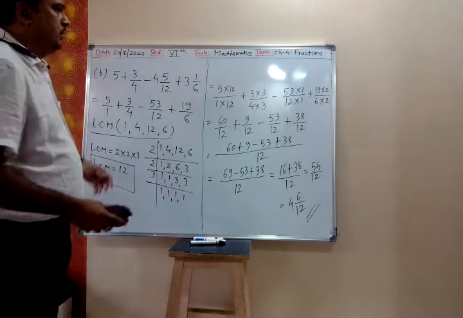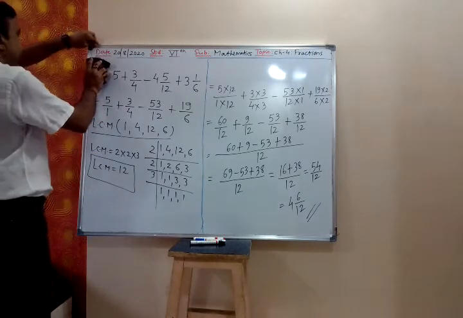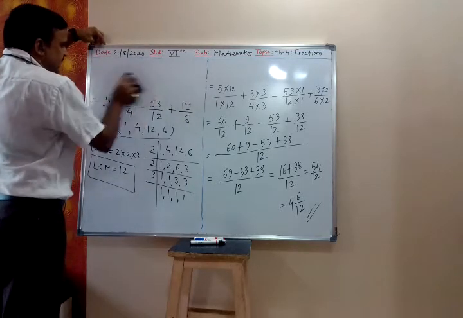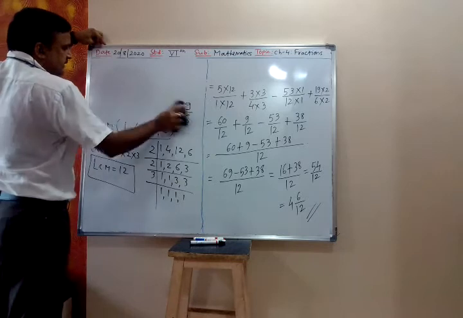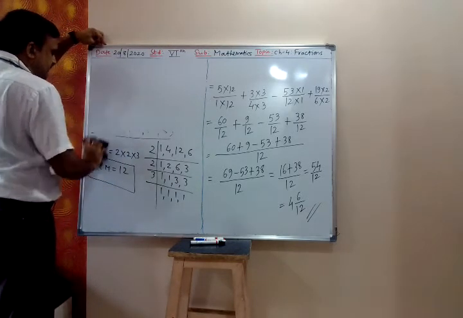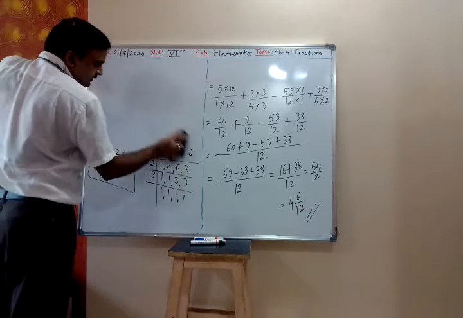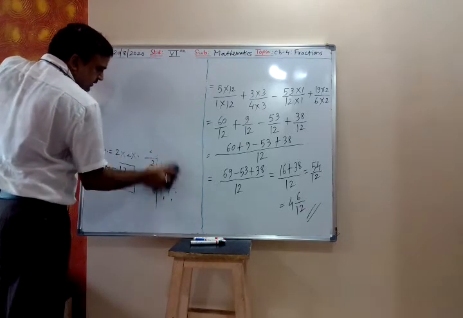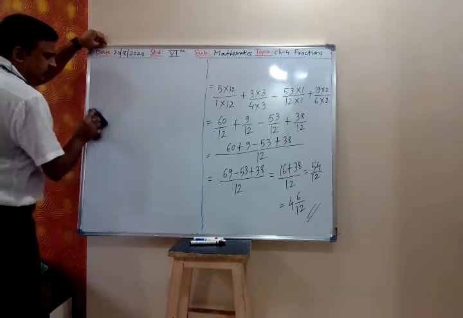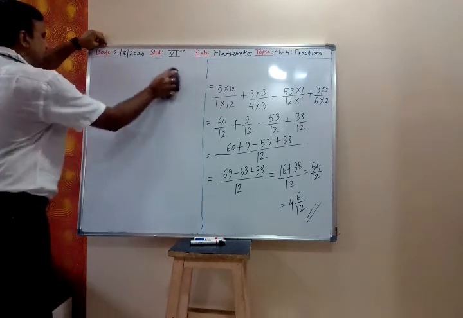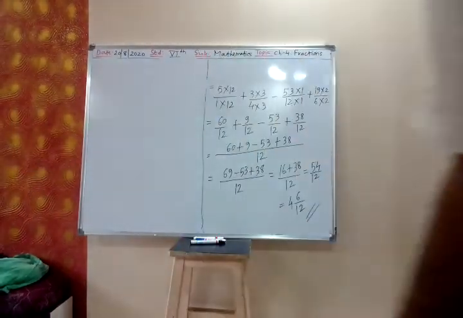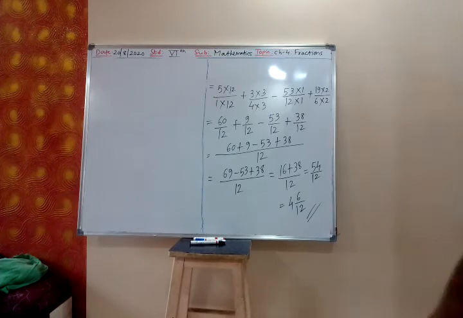Now C, D, E, all are of the same type. You have to take LCM of the denominators. Board is very much clear, right?